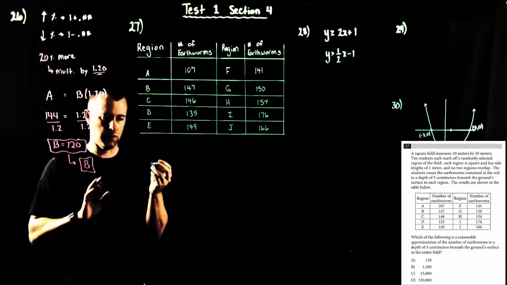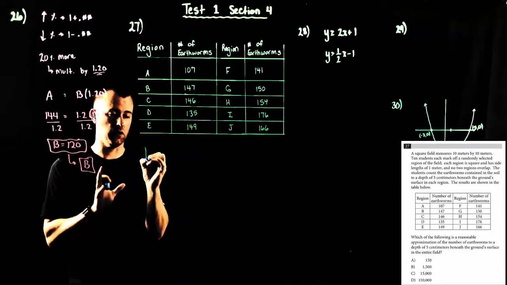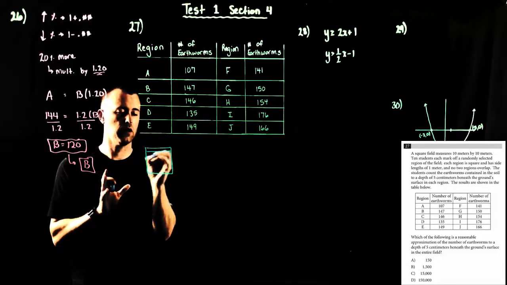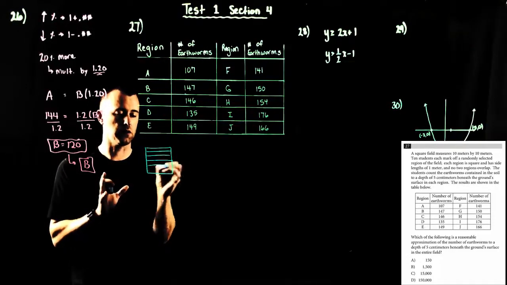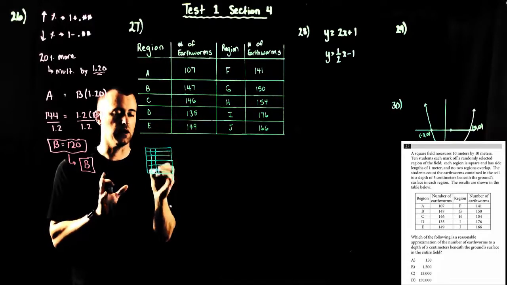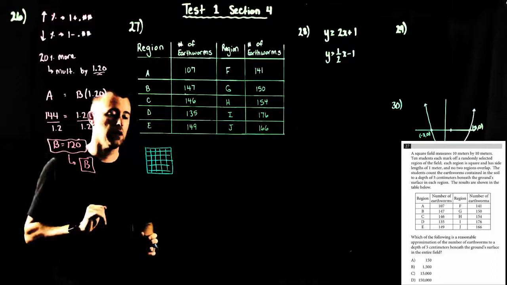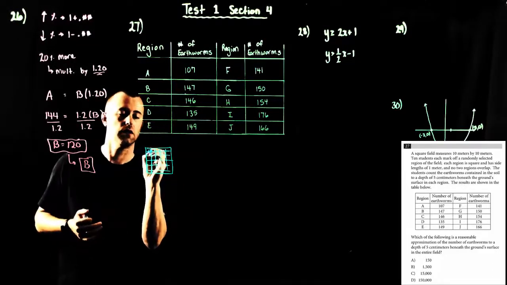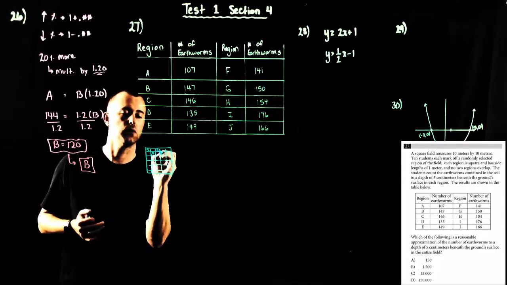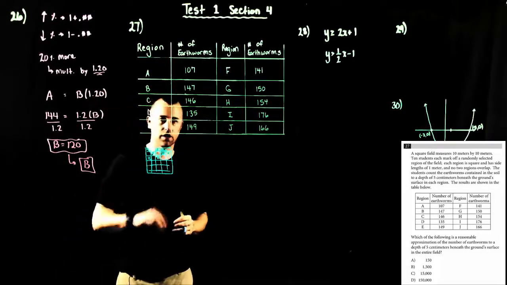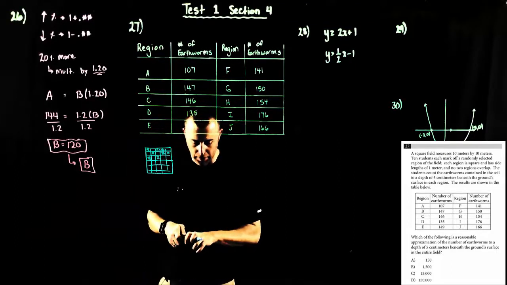I'm not going to make a picture that has 100 boxes in it, but just to give you a quick idea, this is not to scale, but we have a 10 by 10 field. And we have 10 students that randomly picked some regions here. So it's not all of them, but it's just 10 random ones. And that's, again, not to scale.